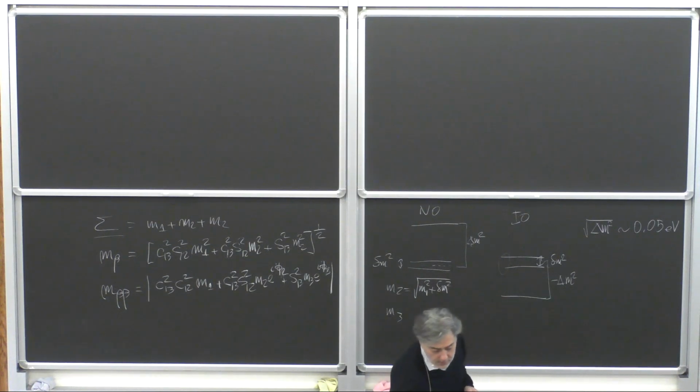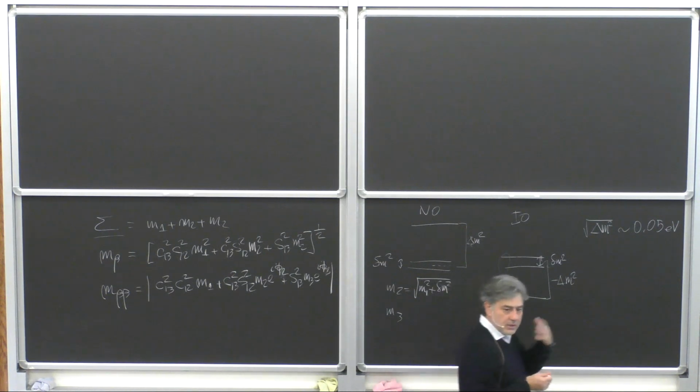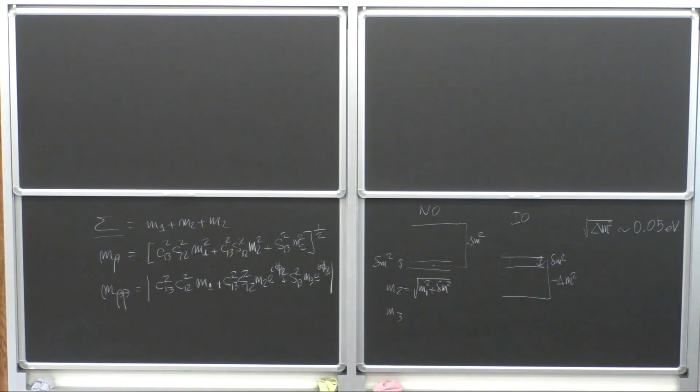In the case of stringent bounds near 0.1 electron volt, in this case less than 0.2 at 2 sigma, you start to question the possibility of inverted ordering.